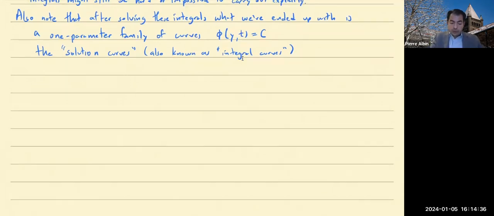And these solution curves define y implicitly as a function of t.